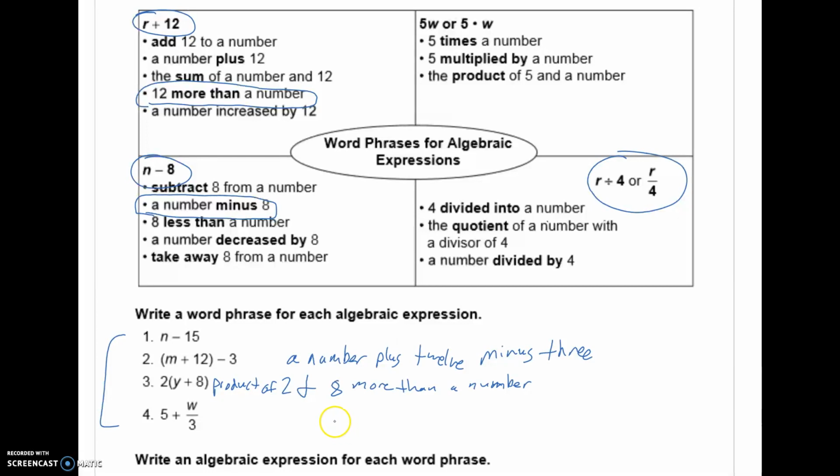I'm going to say 3 divided into a number, using this format here. And then we have to remember to add our 5. So maybe the sum of 5 and 3 divided into a number. So there's multiple combinations you can write here.